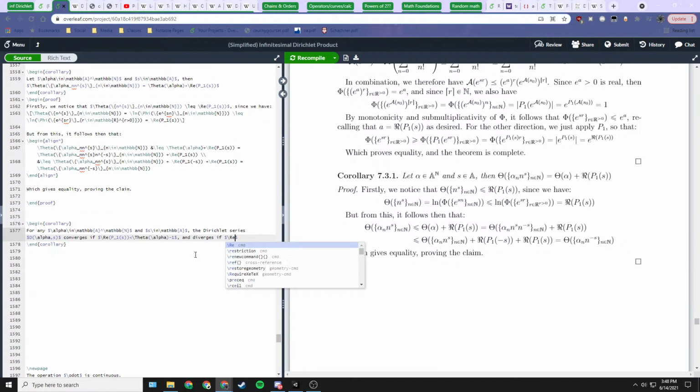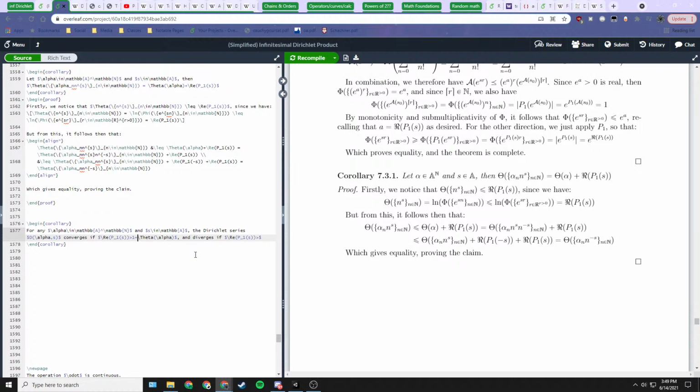if real part P1 of S is greater than, that's not correct. Should be converges if this real part of S is greater than 1 minus, I think, theta alpha. No, it's 1 plus theta alpha.